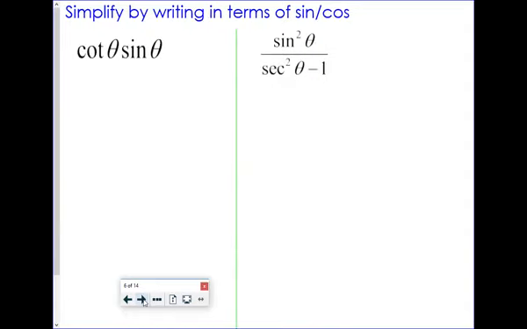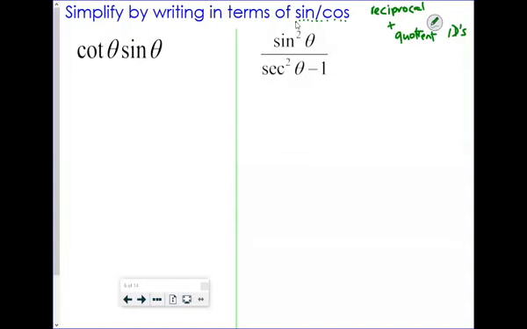Simplify by writing in terms of sine and cosine. This is a technique. We have to simplify this so it just involves 1 trig function. There's 2 in there at the moment. The simplest technique is to use your reciprocal and your quotient identities to get rid of everything that is not sine or cosine by replacing things by something they're equal to.